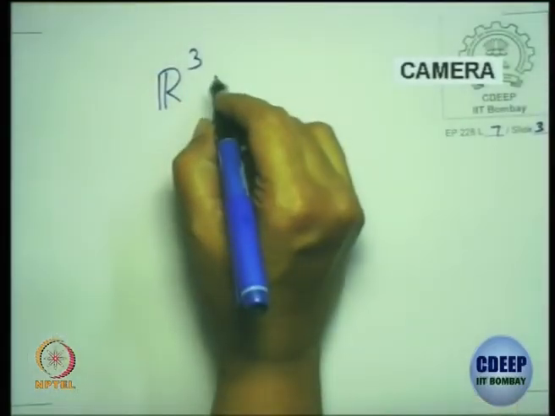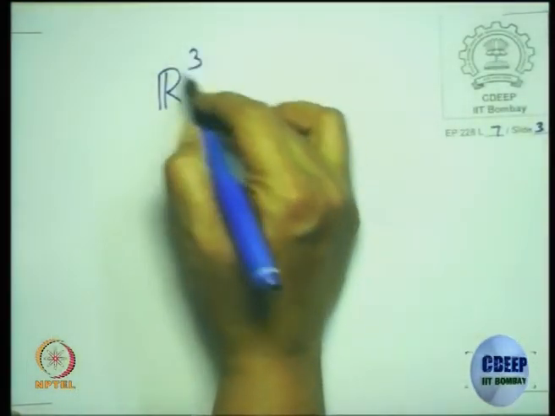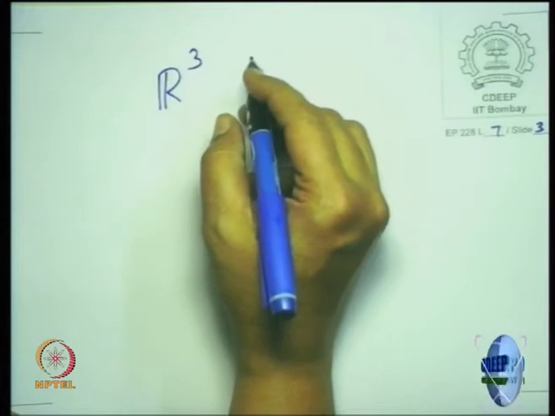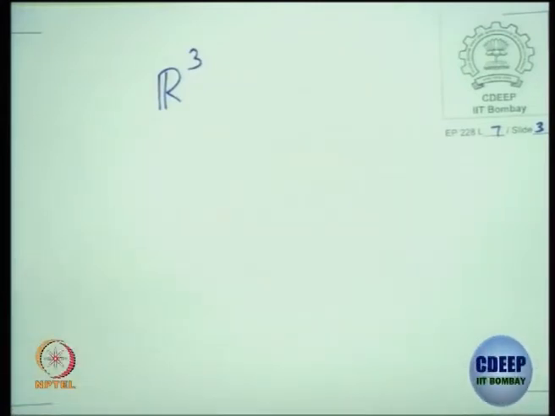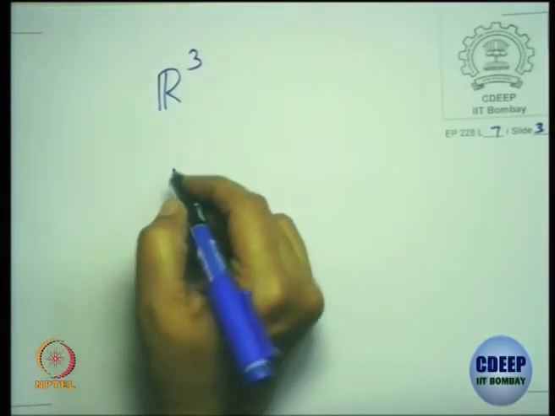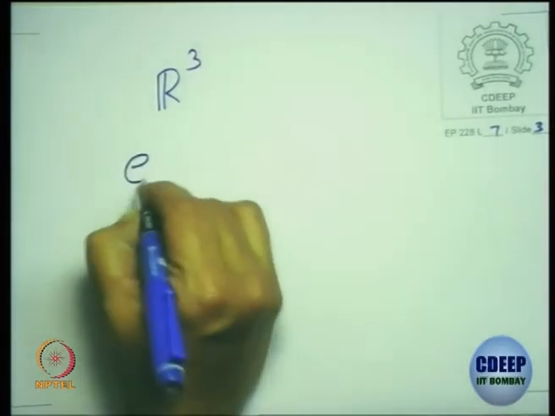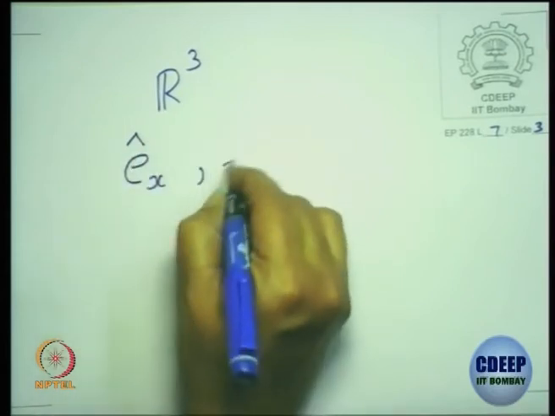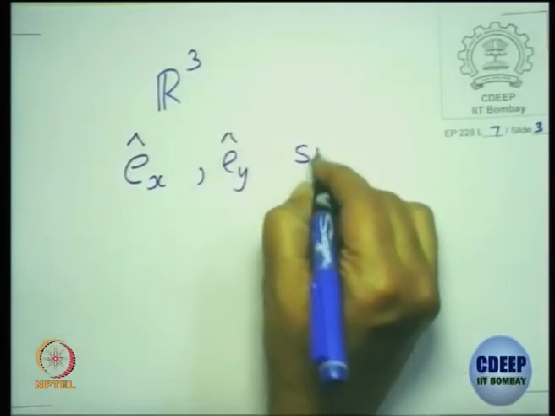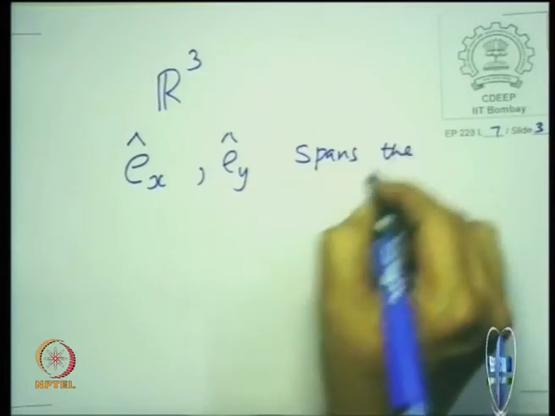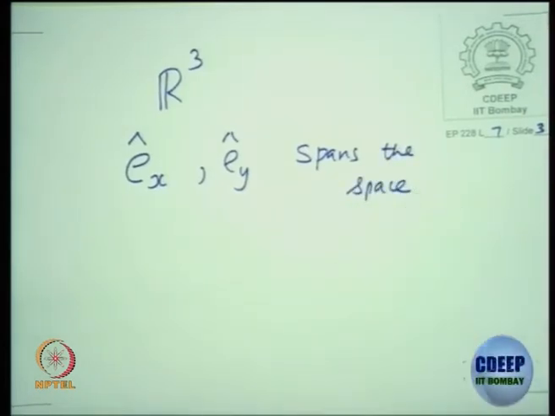Suppose let us take the same familiar R3. So this 3-dimensional space is sometimes called R3. Okay, R3 is a notation where this 3 denotes the x, y and z axes. So here you could try to write that your familiar unit vectors Ex, Ey span the space. Is that right?